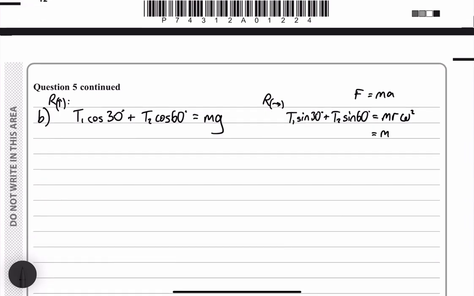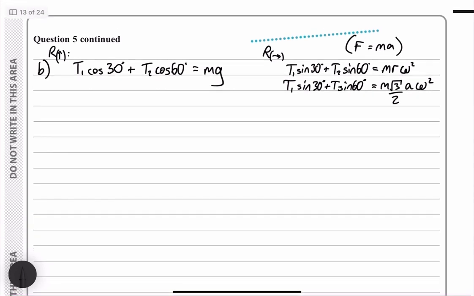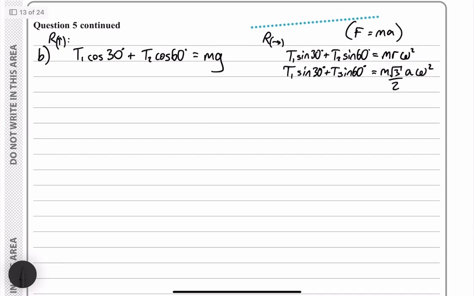So that's m root 3 over 2 a, not a here, obviously. This is acceleration in F equals ma, and here the a is the length of string PB. And now we've got omega squared. So T1 sin 30 degrees plus T2 sin 60 degrees equals m root 3 over 2 a omega squared.